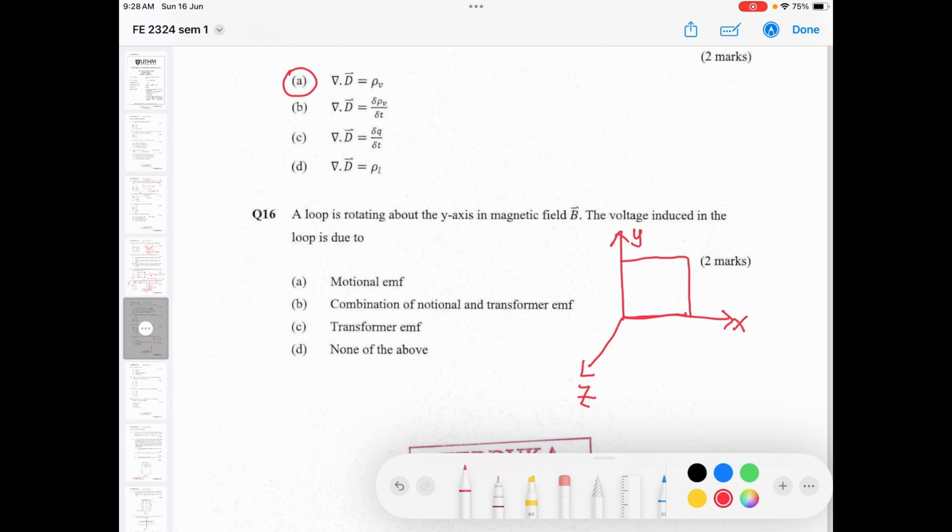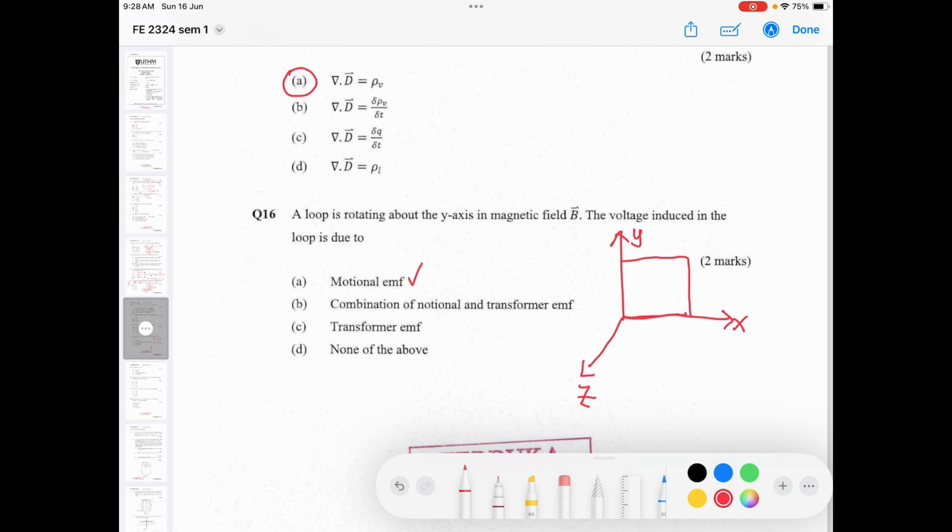The voltage induced in the loop is still the motional EMF. We are very sure.